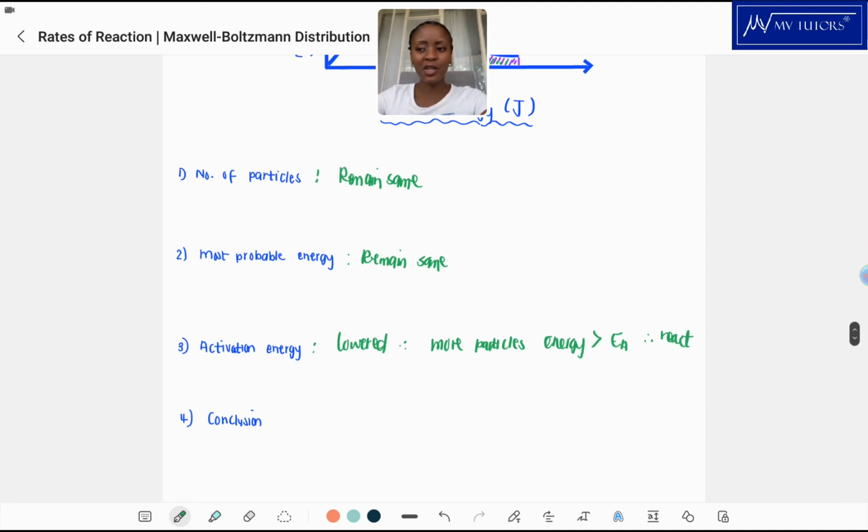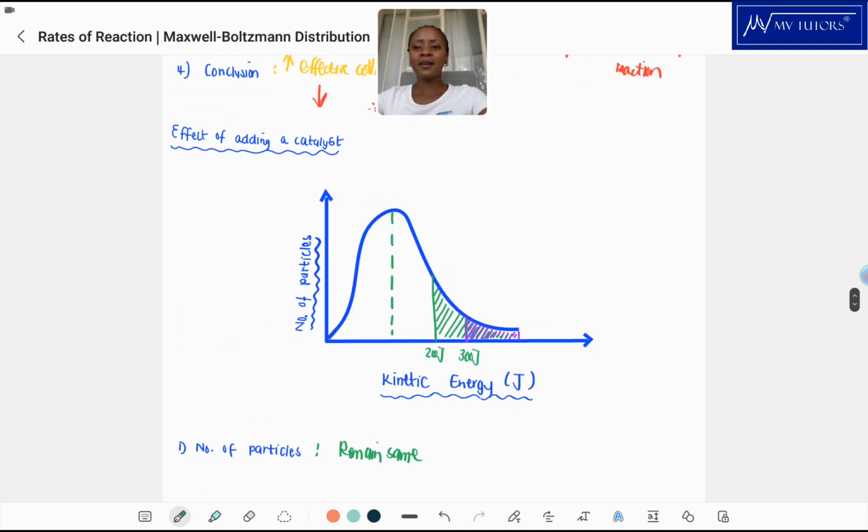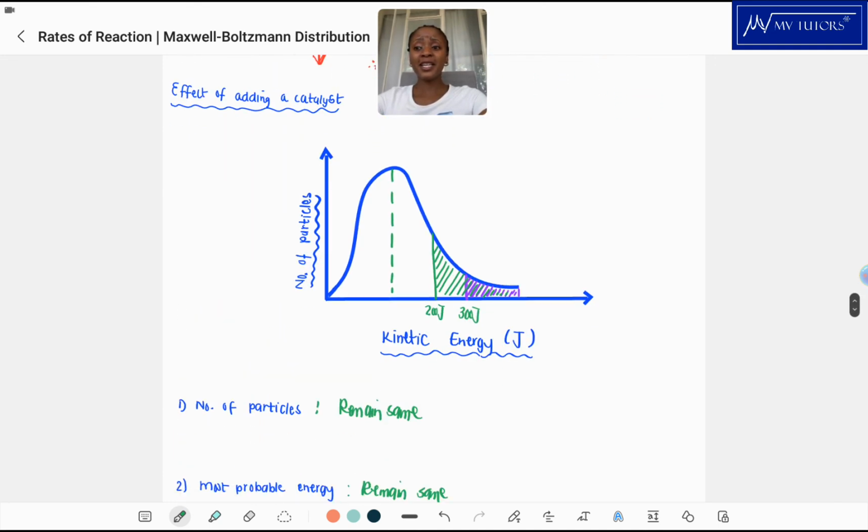Well, with the addition of a catalyst, you'll have more effective collisions. Okay, and therefore your rate of reaction actually increases. Rate of reaction increases. So yeah, that's pretty much it.